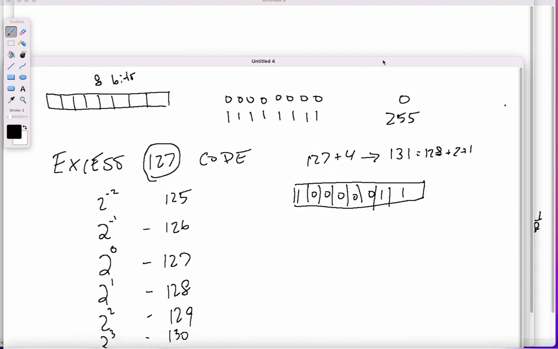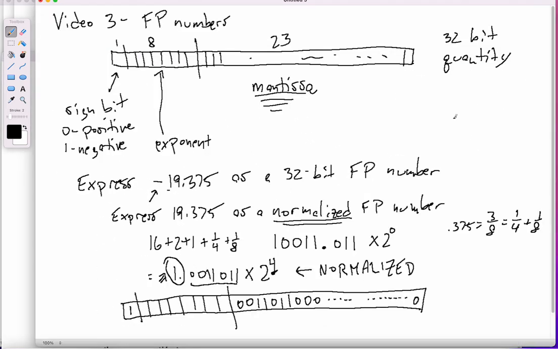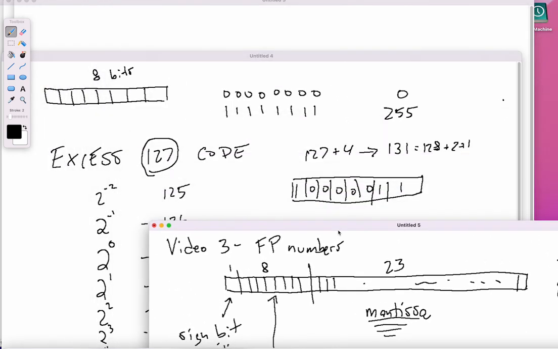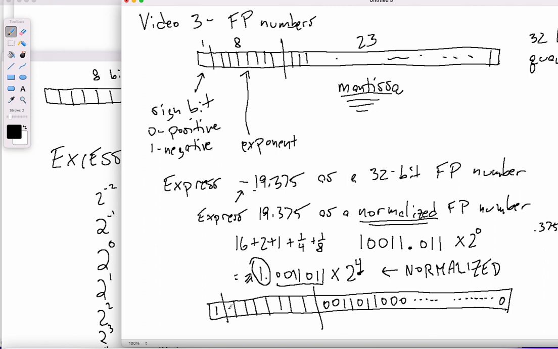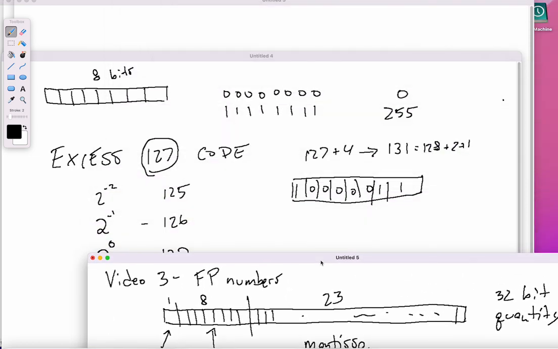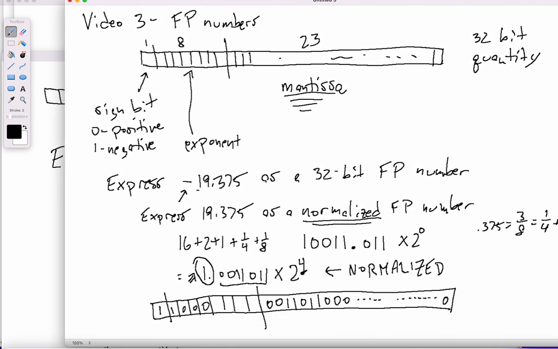Let me see if I can find it. It's right over here. So what I need to put in here is just the following: 1, 0, 0, 0, 1, 0, 0, 0, and then it needs to be 0011.